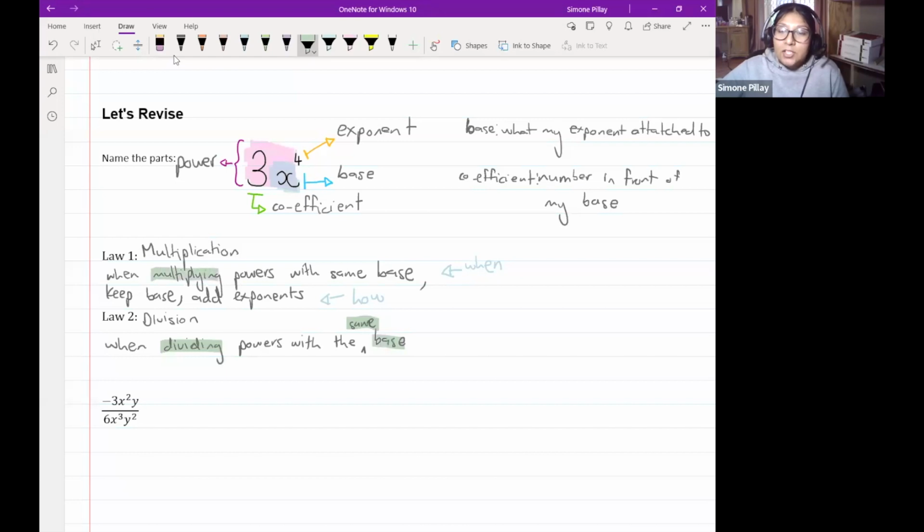And with multiplication, I need to be doing multiplication and I need to have the same base. So when we are dividing powers with the same base, I keep my base and I subtract exponents. This one was a little trickier. If you were here last week, you'd see that you do your subtraction where the exponent is the biggest.